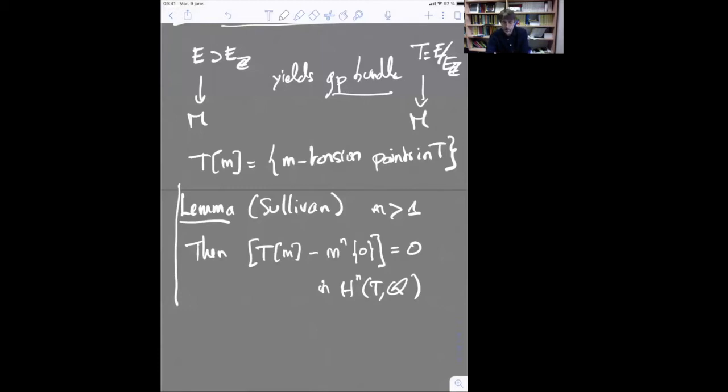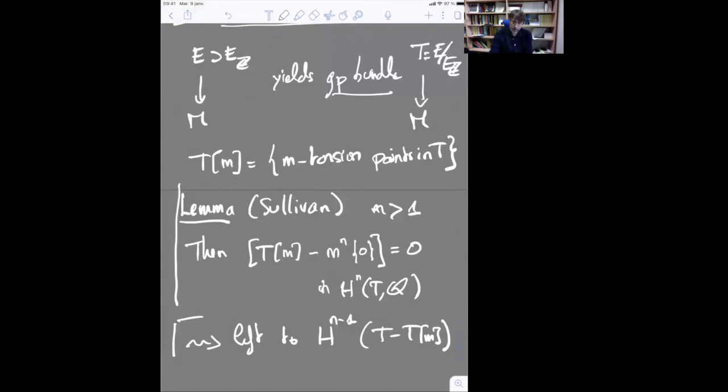But before proving it, just note that because it's 0 in cohomology, it means that you can lift this to a class of degree n-1 in T minus T_m. So let me just make this remark. You can lift to a class of degree n-1 by the long exact sequence we considered just before. So if you want, this class is the linking number around the m torsion point.